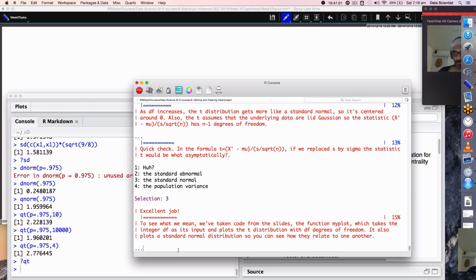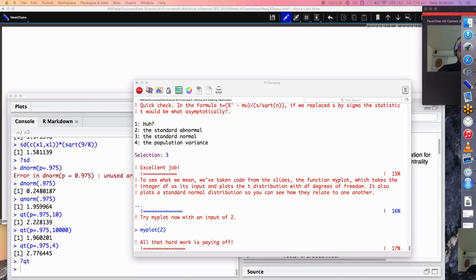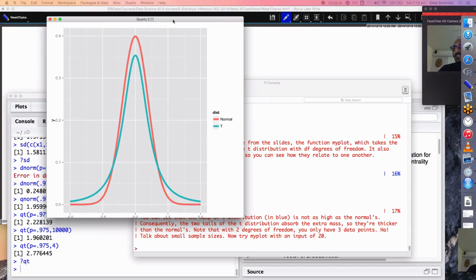We have a swirl going on here. He has given us this plot called myplot, which takes an input which is the degrees of freedom. So I say myplot 2. What do we get here? Just look at this. The normal distribution gives a curve which is the red curve, and the t distribution gives a curve which is the green curve.